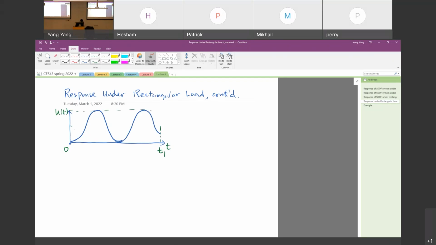But it's also a function of the frequency of the system. At T equal to T1, calculate the displacement.